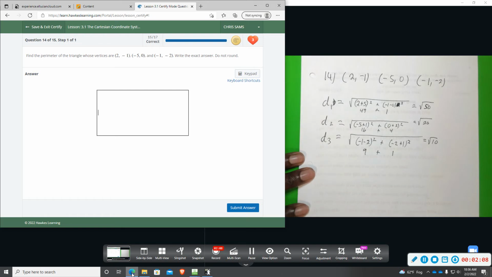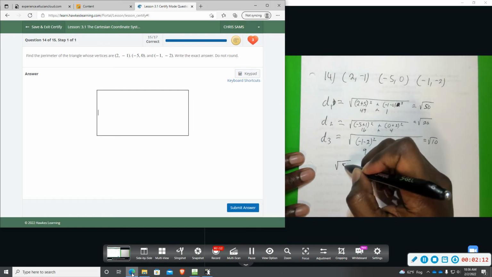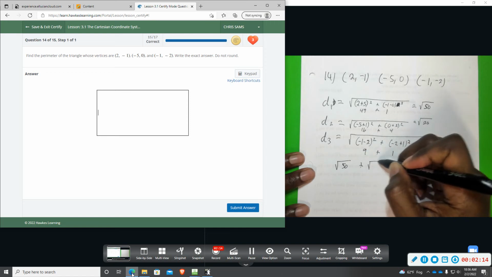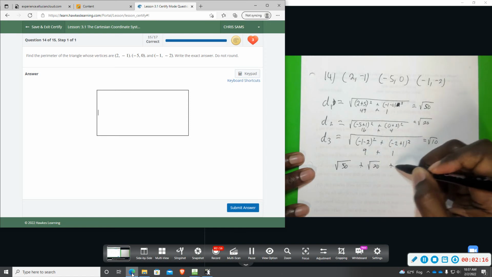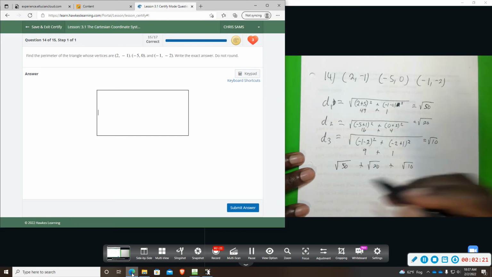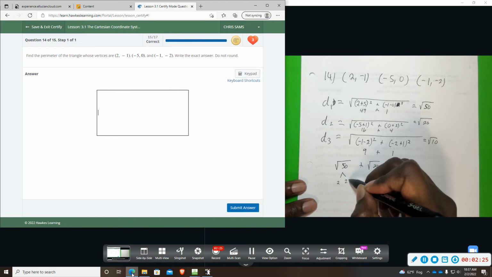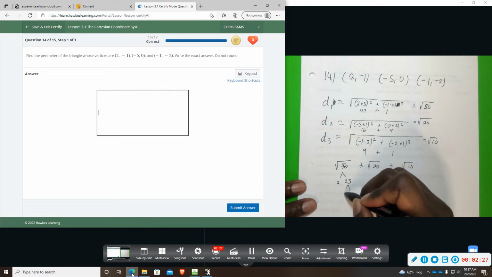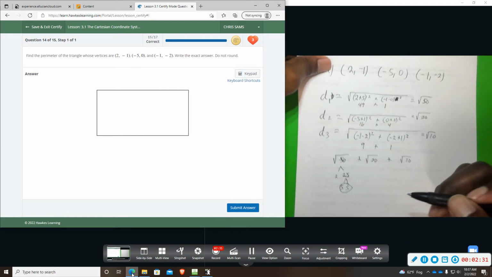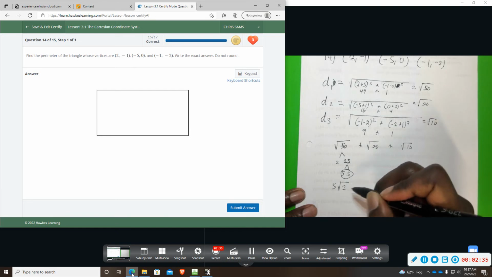Alright, so we're going to try to reduce these square roots. Square root of 50 plus square root of 20 plus square root of 10. 50 we can do 2 times 25, and 25 we can break down to 5 times 5. Got a pair of 5s, so we can rewrite this as 5 square root of 2.